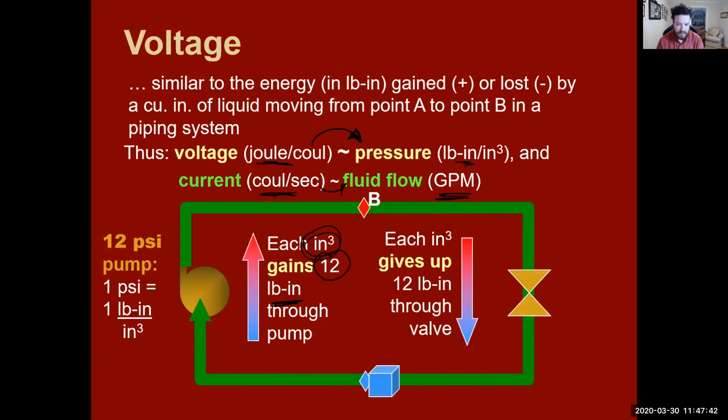All right. And then each cubic inch that goes through this valve, through this restriction, gives up 12 pounds inch of force. All right. And what we're measuring with voltage is between these 2 points, our differential between these 2 points. We're comparing A to B and B to A.